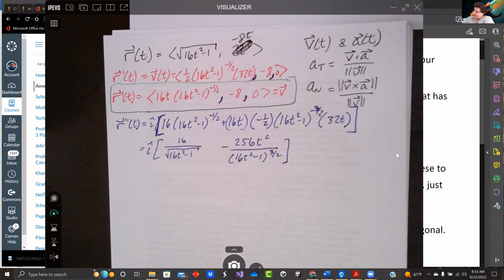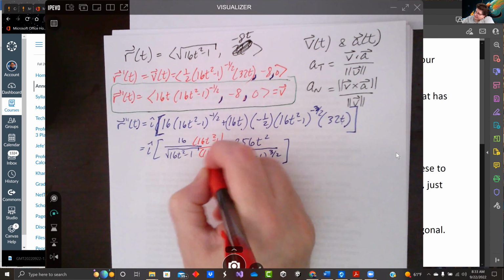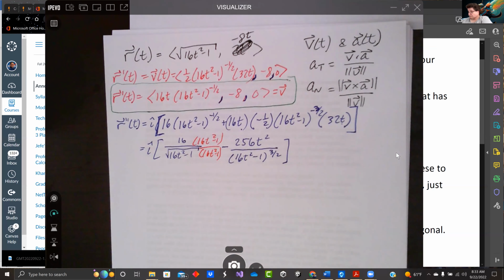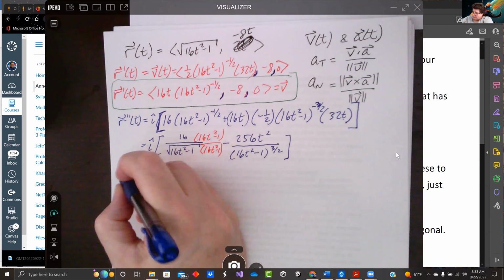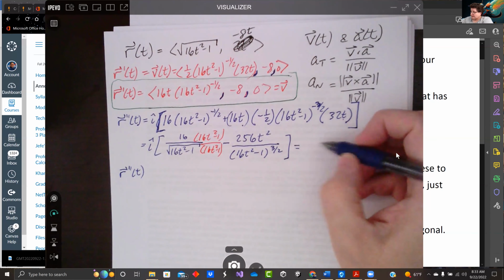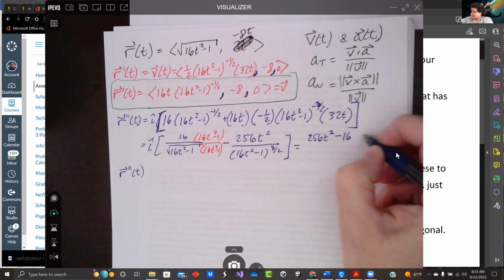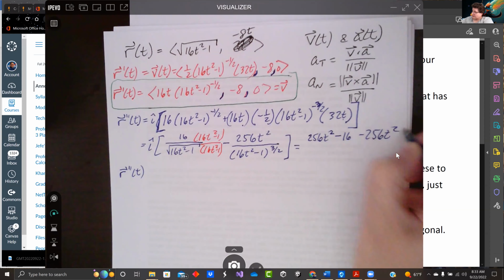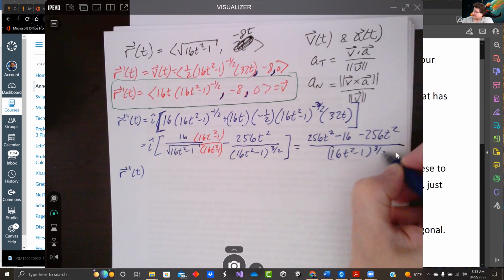It looks like I can get a common denominator if I multiply this one by 16t squared minus 1 over 16t squared minus 1. So if I do that, what does the top become? 16 squared is 256. And then I've got minus 256t squared all over 16t squared minus 1 to the 3/2.